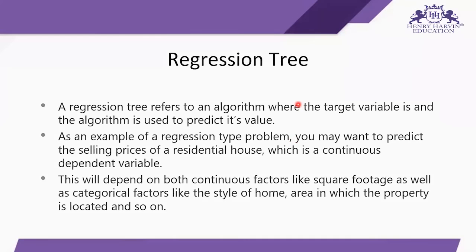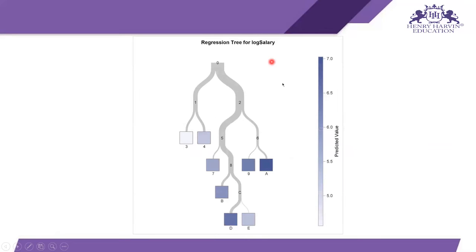This is how a regression tree looks like. If a condition is false, then it goes here, and again if the condition is false, it goes here, and there is a range of values, and according to that range of values it will predict a value for us. Like here is a lower range, and here for A is a higher range, around 7, and here 3 is a lower range, where the value is around the range of 3.